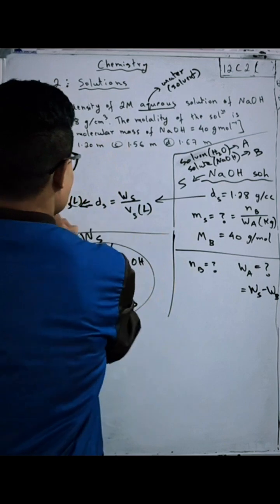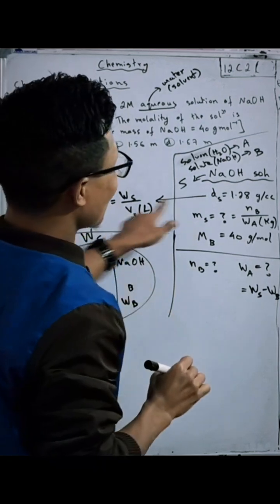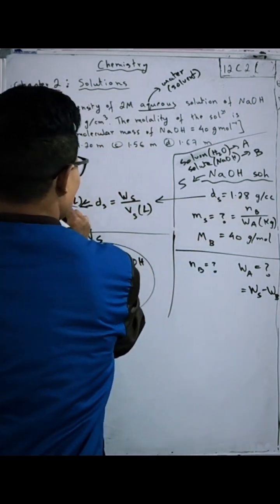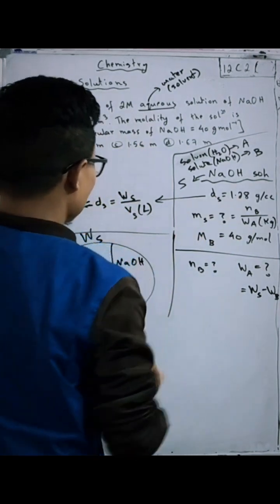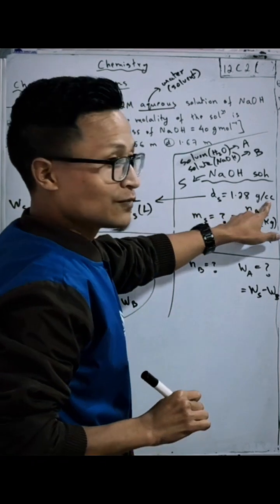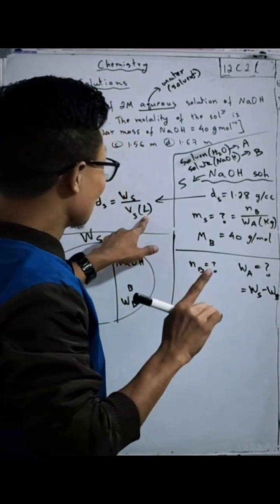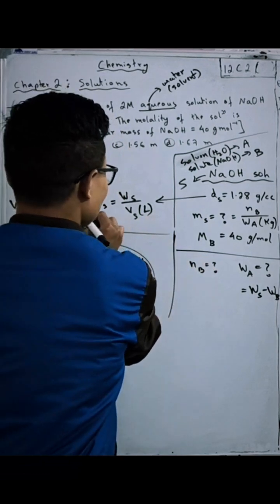Next, density we have 1.28, into volume. The volume we have here is 1 liter.